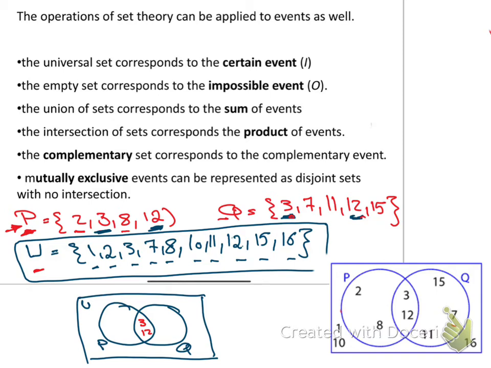So here if I remove 3 and 12, which I already put, in P I'll have 2 and 8. In Q I'll have 7, 11, and 15. Okay, so I have already taken 2, 3, 8, 12, 3 already taken, 7, 11, 15.